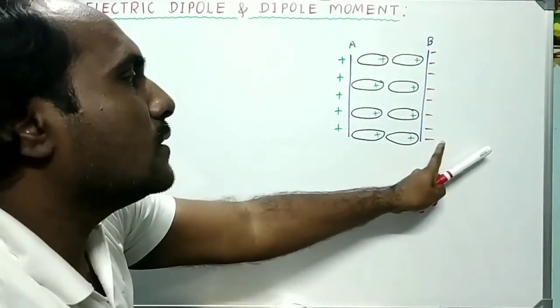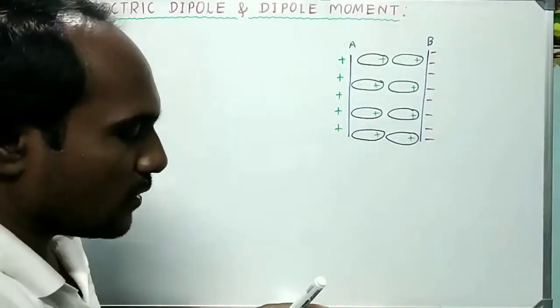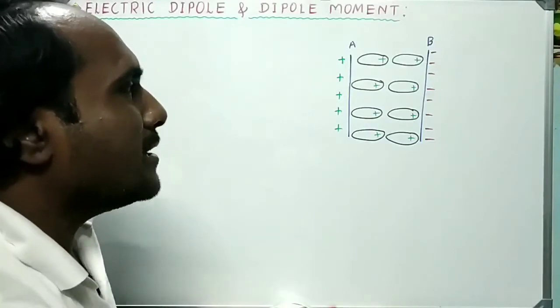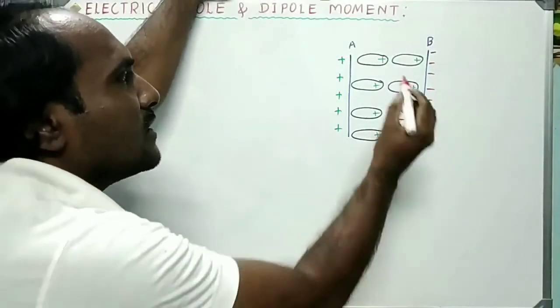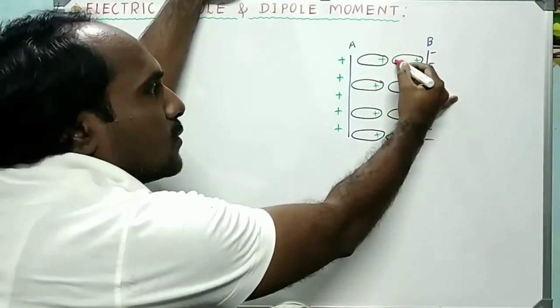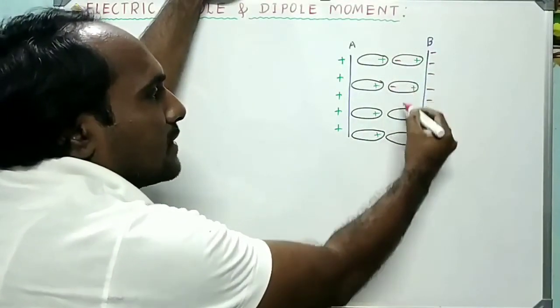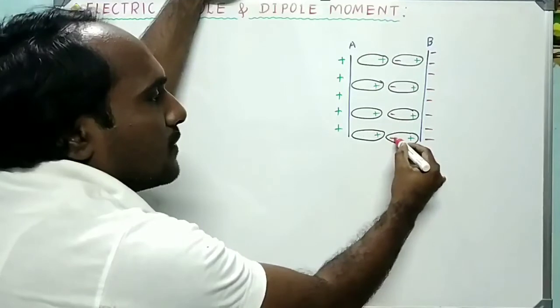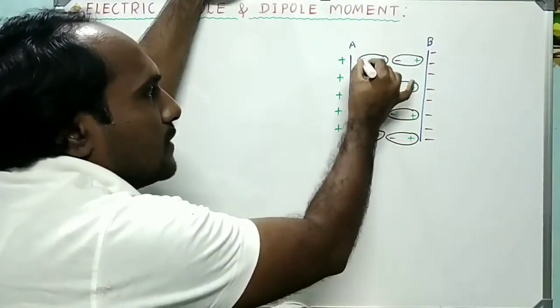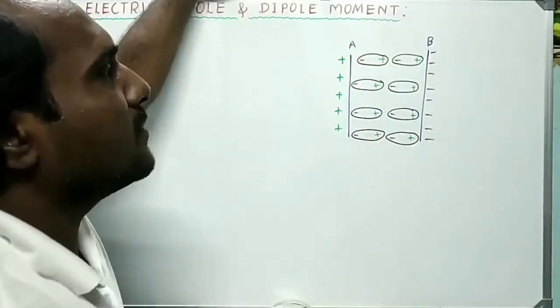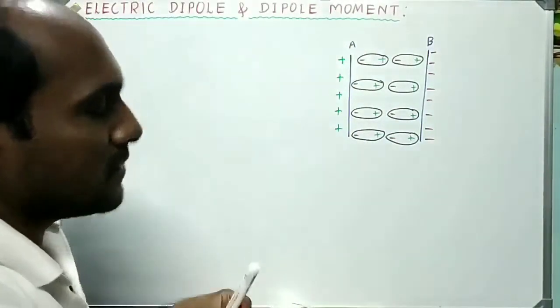Negative charges always attract positive charges. And the negative charges present in the molecules get aligned towards the conductor A because it is positively charged.